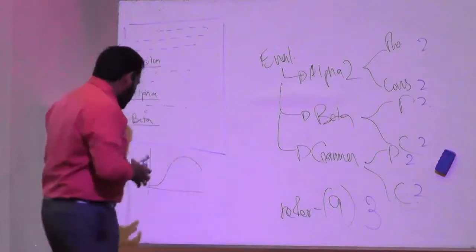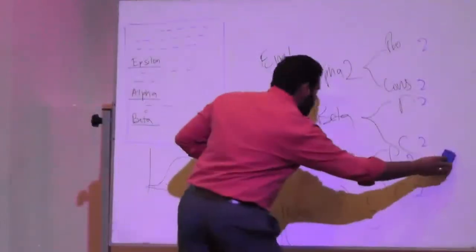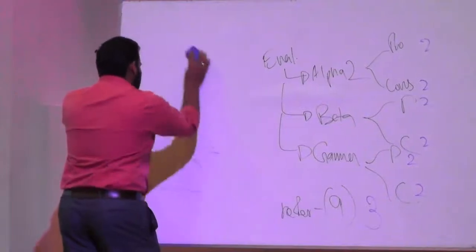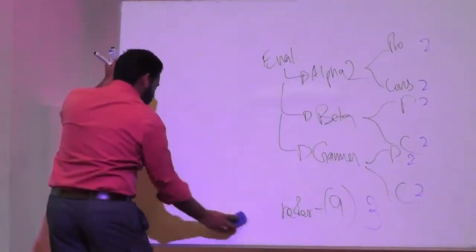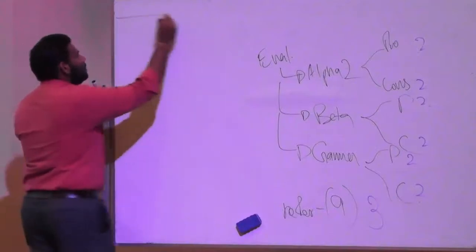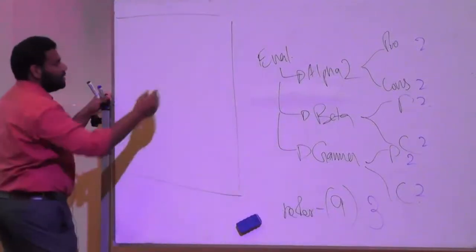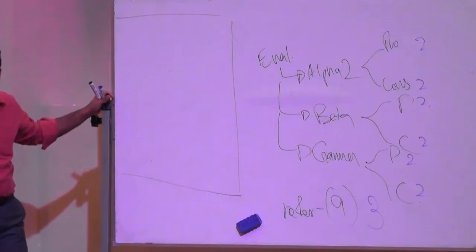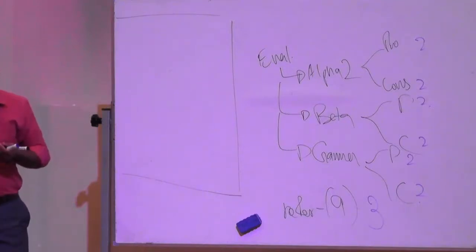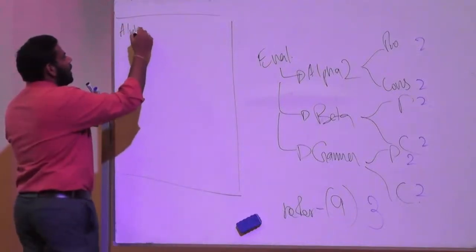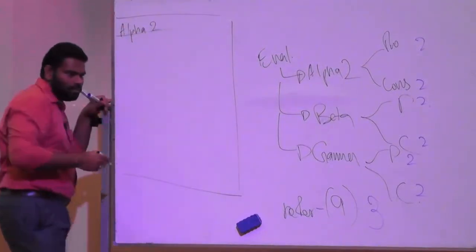So your answer structure is going to be very, very simple. If this is your page, you start. There is no need for you to explain the product life cycle again. That is not relevant for this. It's about an evaluation, so you could skip that part. And you say alpha 2, and you underline.